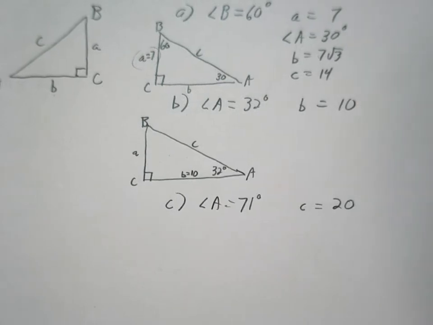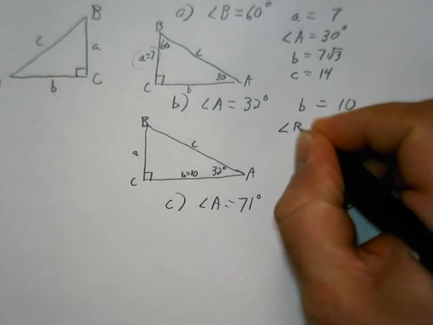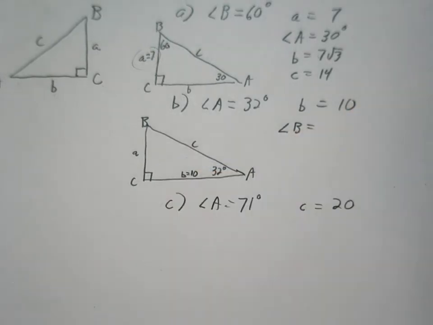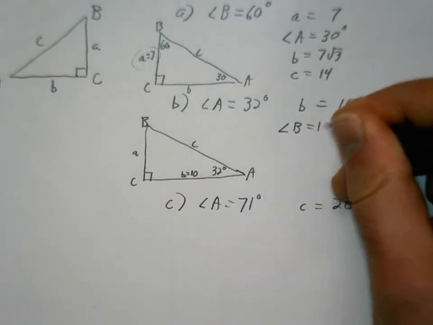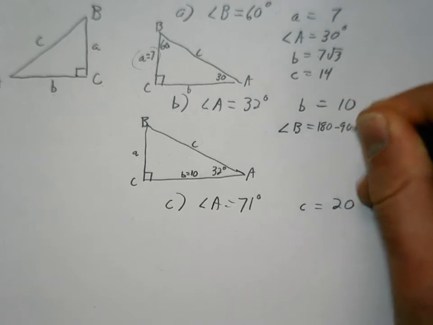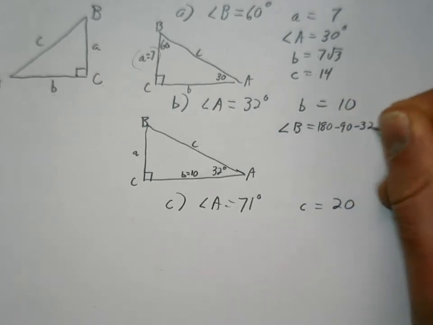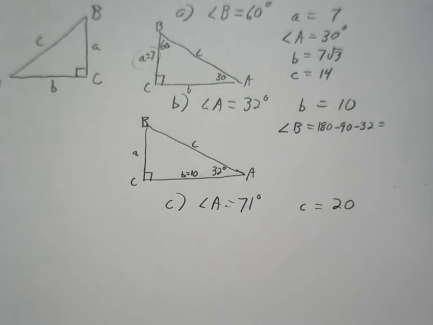We need to find everything else. So the first thing I can find is angle B, because again they have to add up to 180. So angle B is going to be 180 minus 90 minus 32. So that's going to be 58 degrees for angle B.